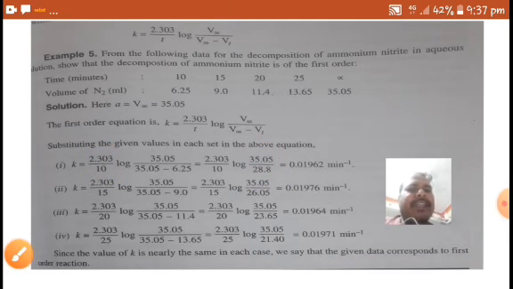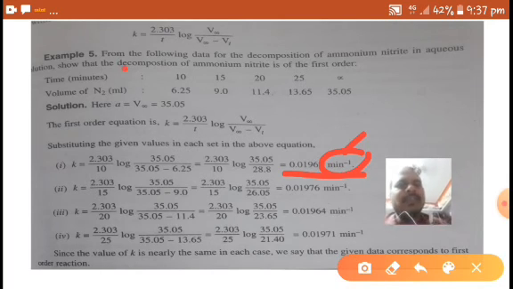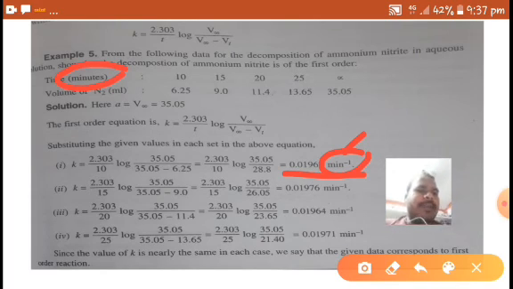So by simplifying that, I am getting 0.01962 minute inverse. Why am I writing minute inverse here? Because he has given in the data that time is in minutes only.